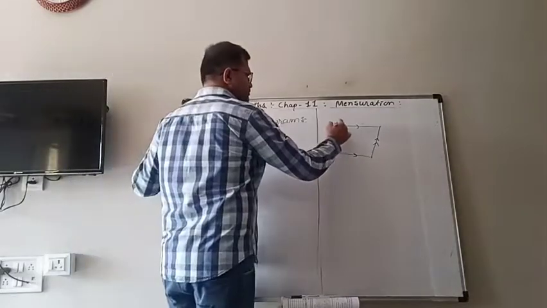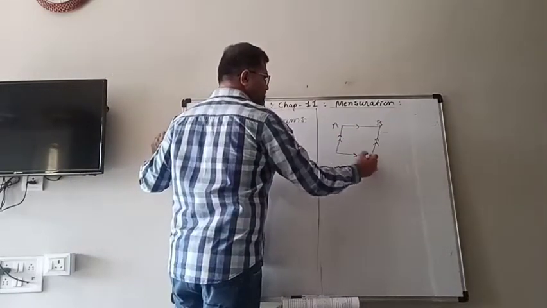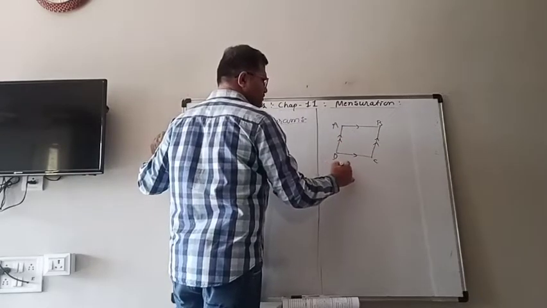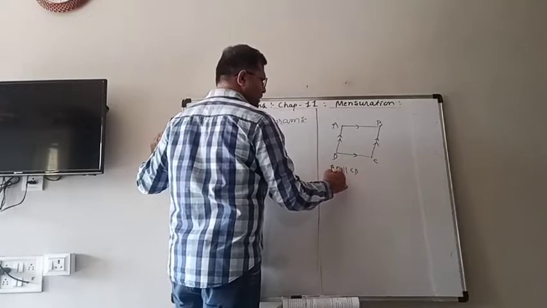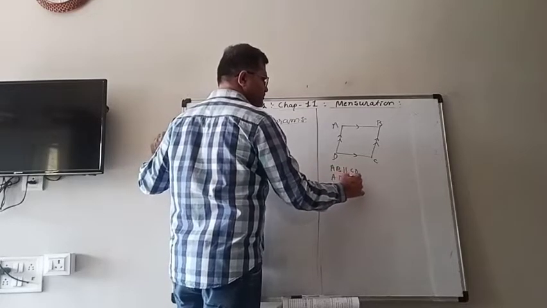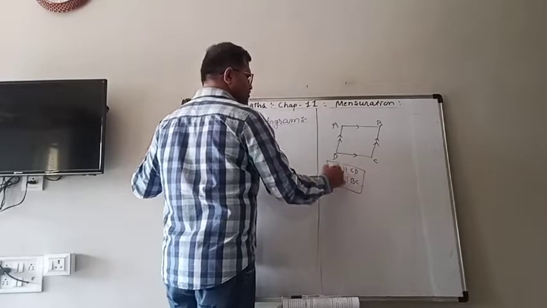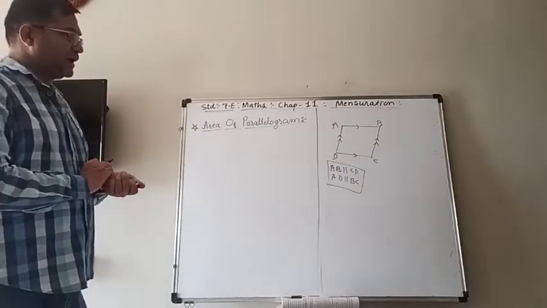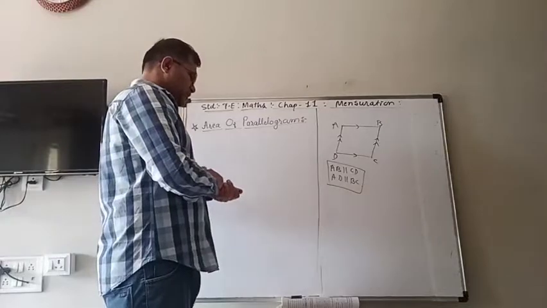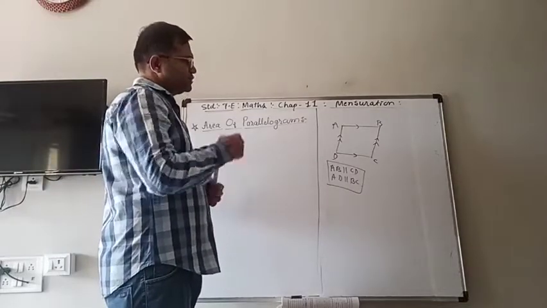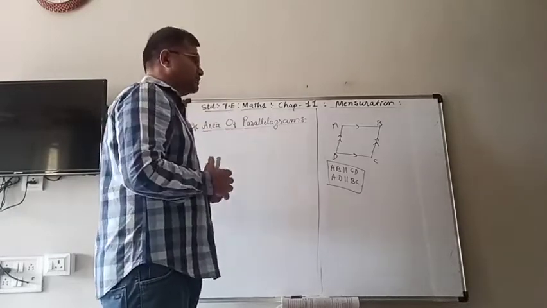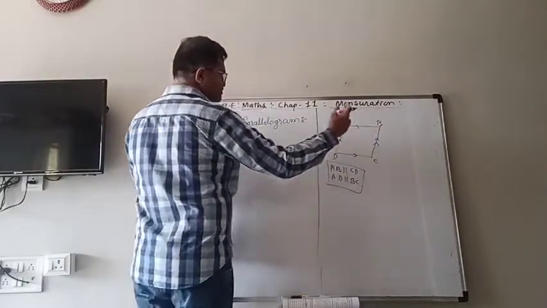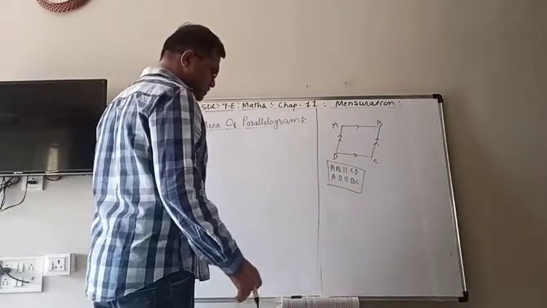So here ABCD is a quadrilateral in which AB is parallel to CD and AD is parallel to BC. So this ABCD is a parallelogram. Now a parallelogram can be converted into a rectangle, because you can see that it is the same as a rectangle but just skewed.